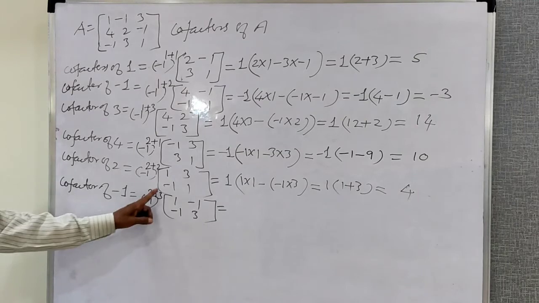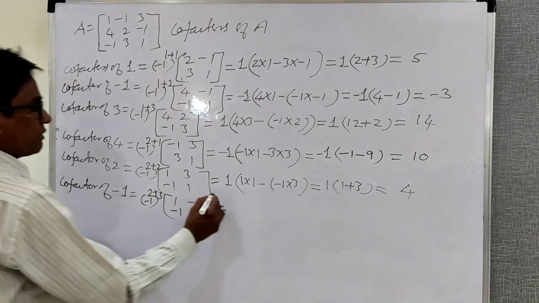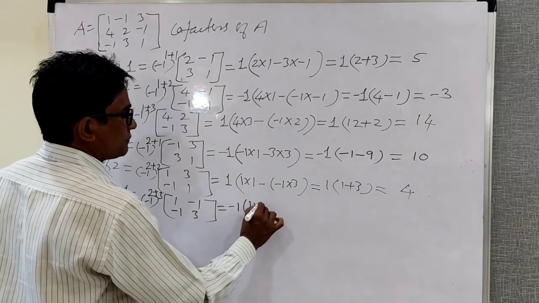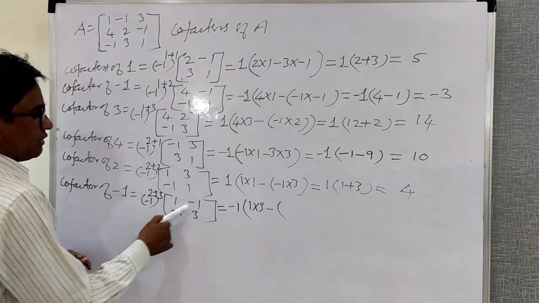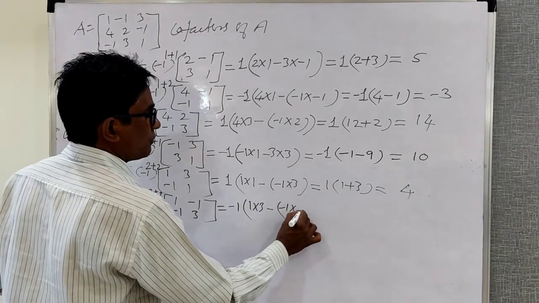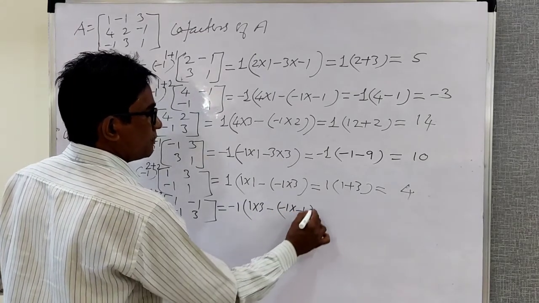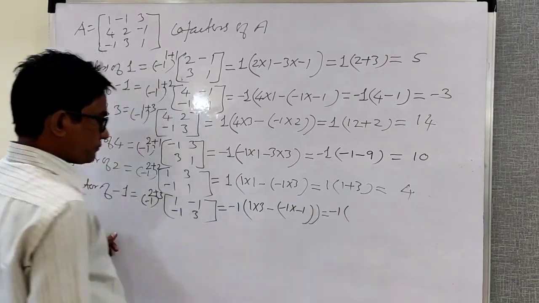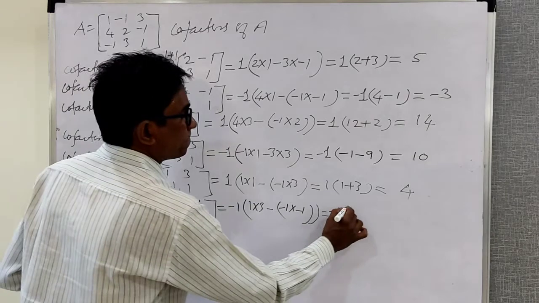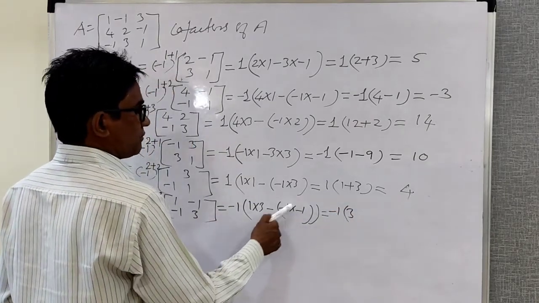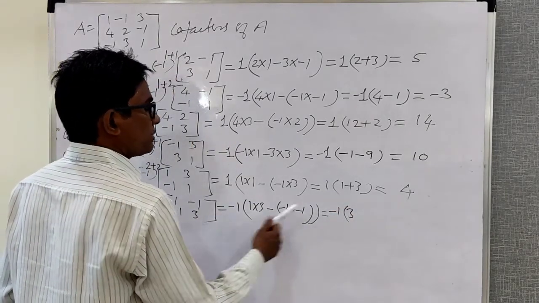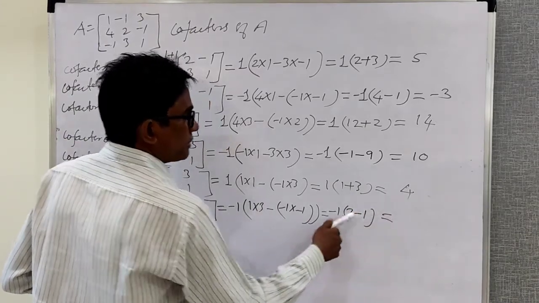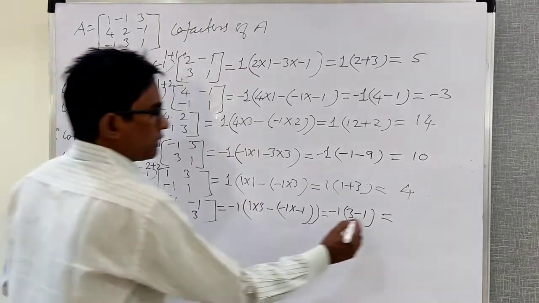Minus 1 power 5 means 5 is odd number, therefore it is minus 1. 1 into 3 minus 1 into minus 1 into minus 1. So it is minus 1 into 3, minus into minus plus 1 into 1 1. So plus into minus, 3 minus 1 is 2, 2 into minus 1 is minus 2.